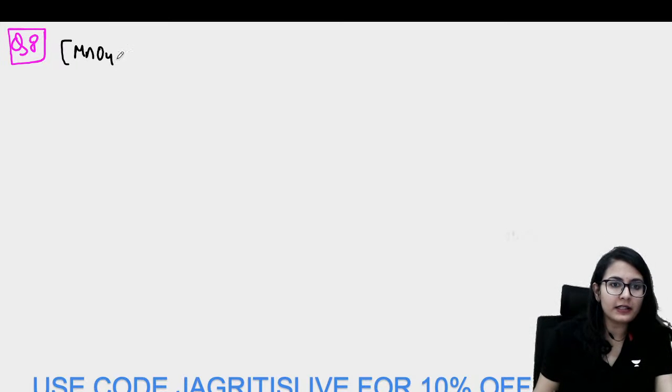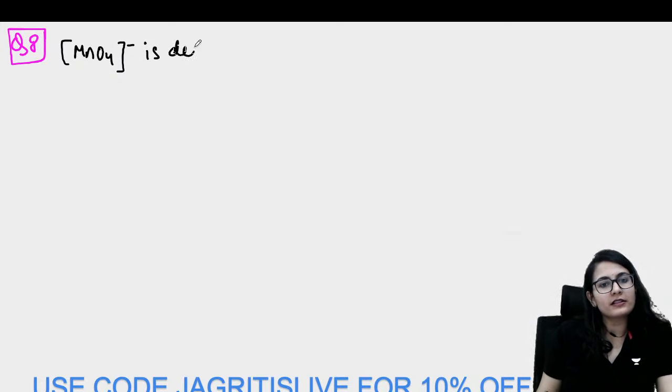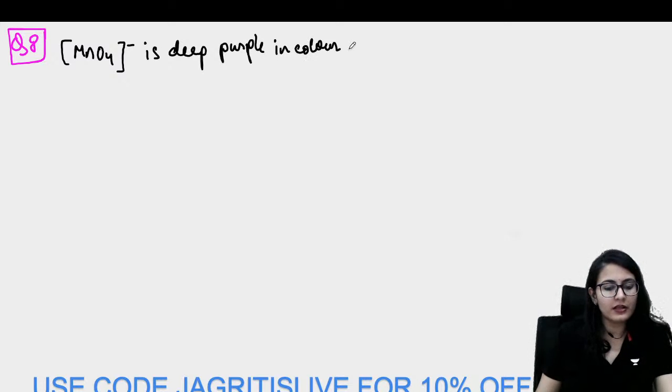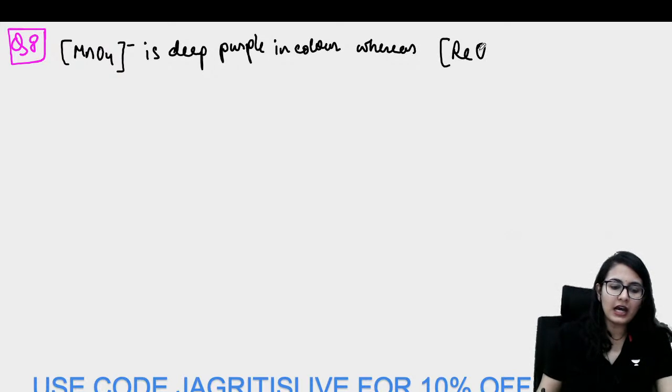Permanganate, MnO4 minus, is deep purple in color, whereas perrhenate, ReO4 minus, is colorless.